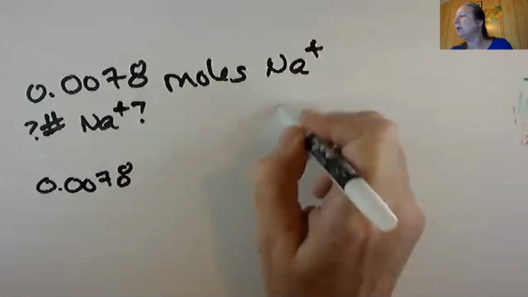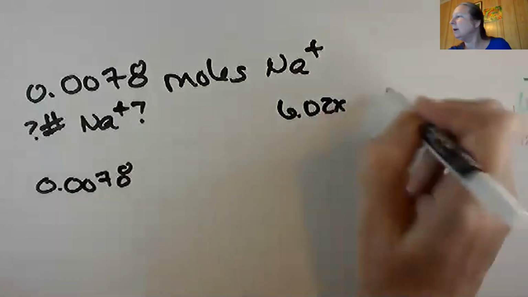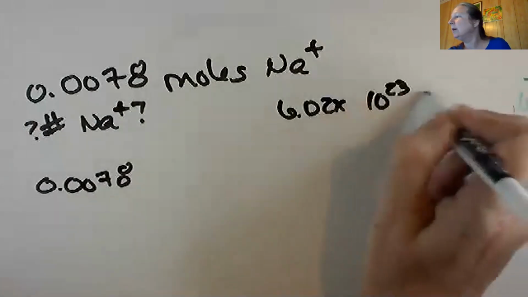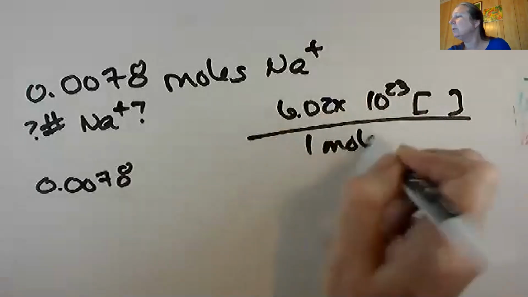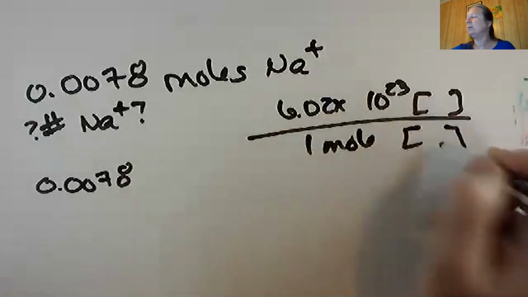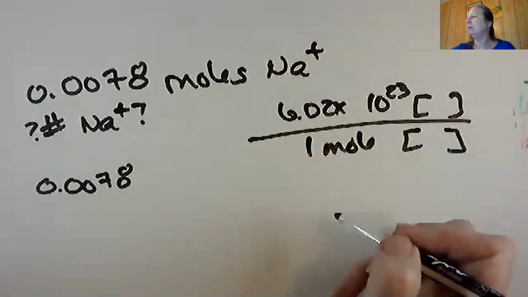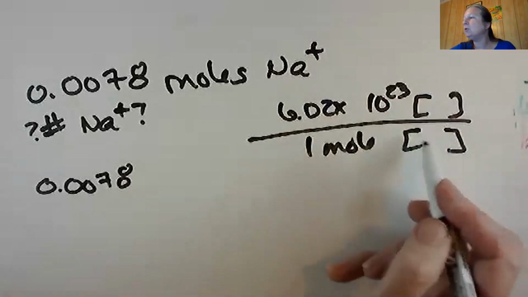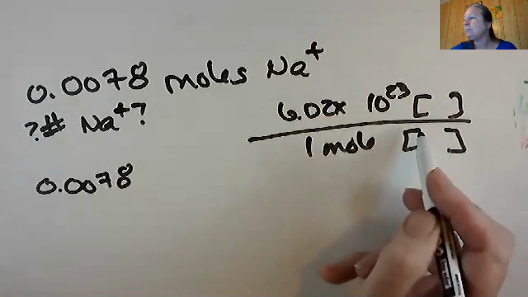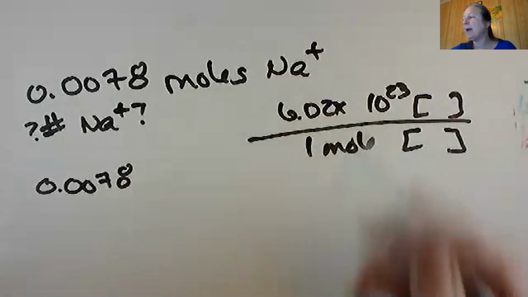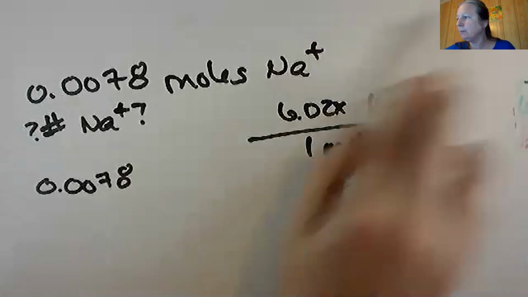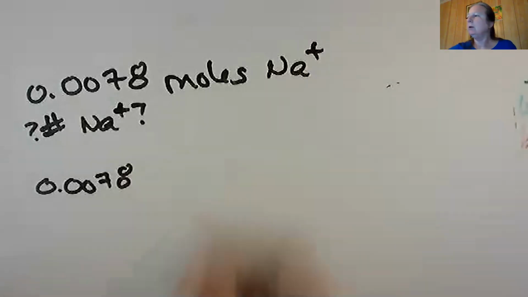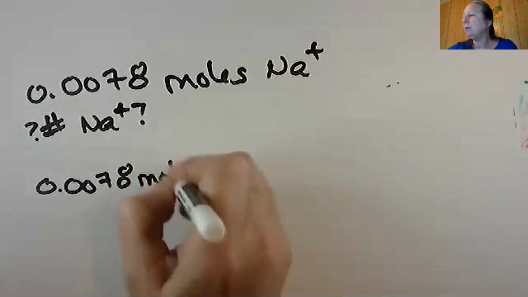Remember Avogadro's number, I did this, and I put brackets. So in this case, ions are going to go in your bracket, sodium ions. But we're going from an amount of it, a batch, to individual numbers. So we start with what we have.